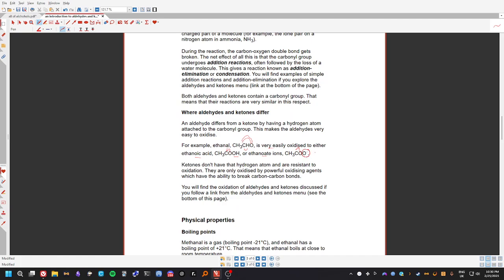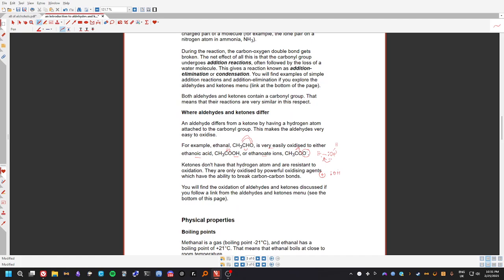Possibly what's happening here is you have your H, you have your O. The O is slightly negative and this is slightly positive.